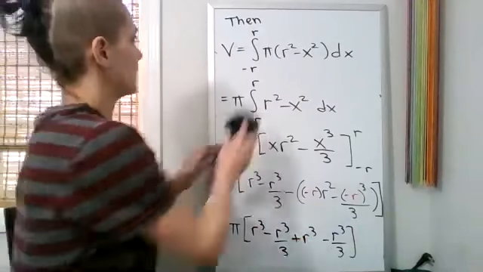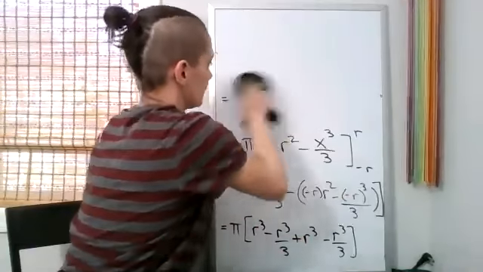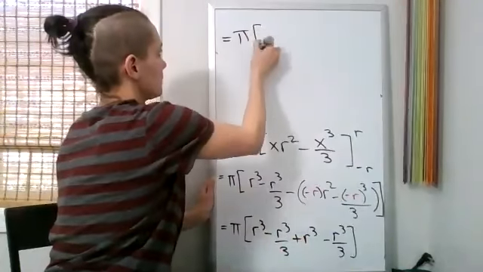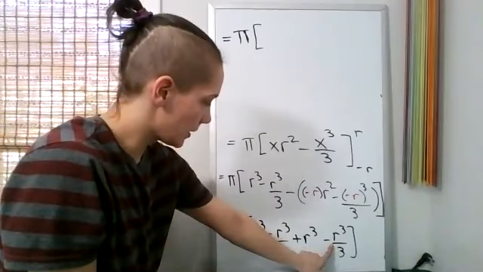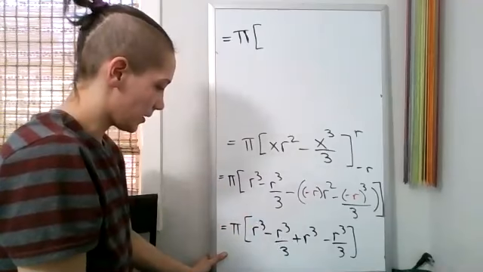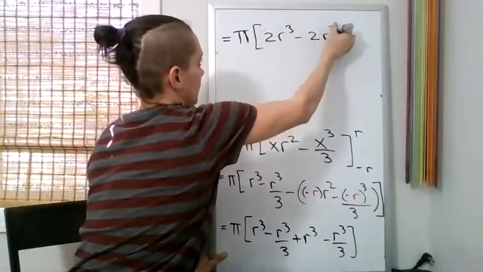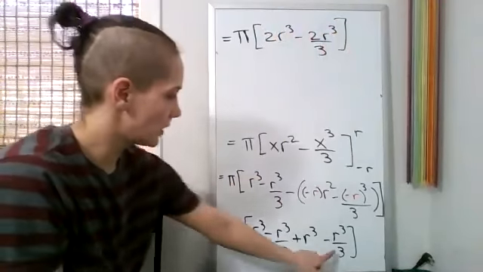Hang on, where are we at? Still have pi. Negative 2r cubed over 3. And then r cubed over 3. That's what it was.